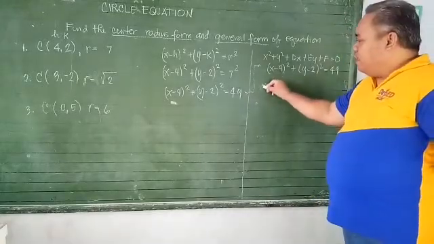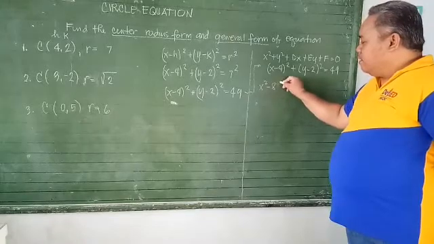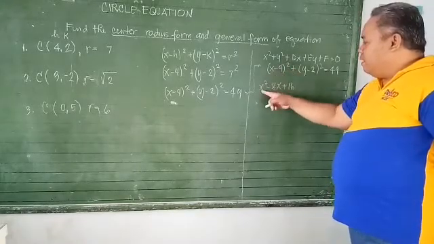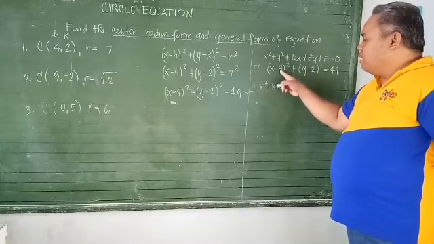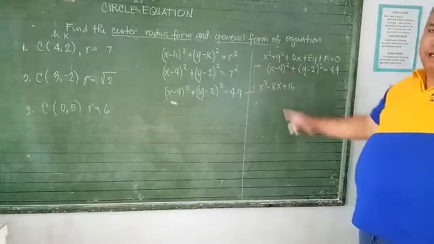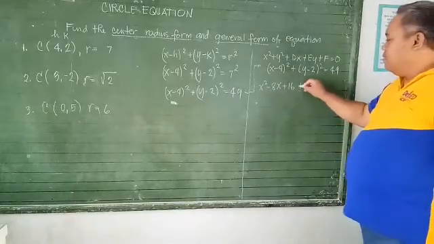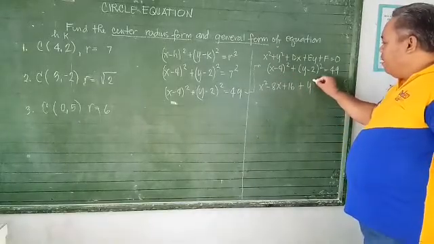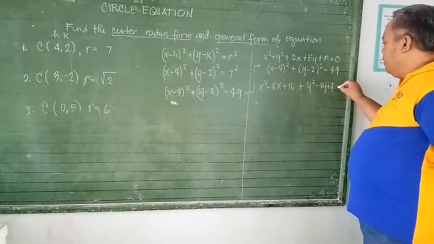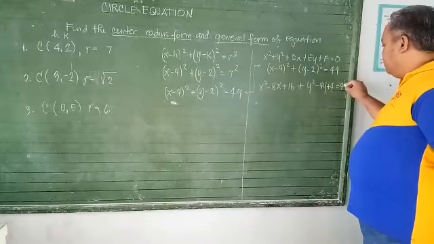This is x^2 - 8x + 16. Kasi x squared, then multiply 2 times negative 4 times x, it's negative 8x, and the square of the last term, that is 16. Plus y^2 - 4y + 4 = 49.